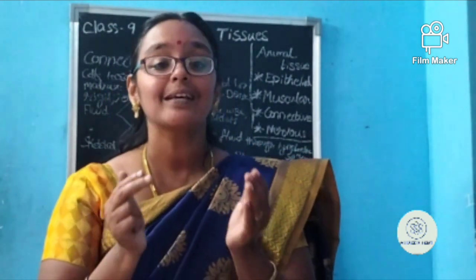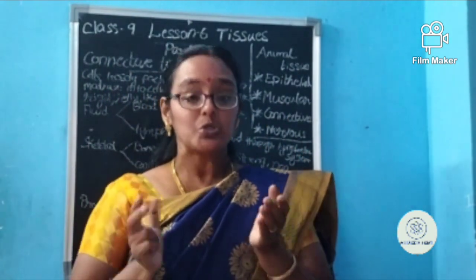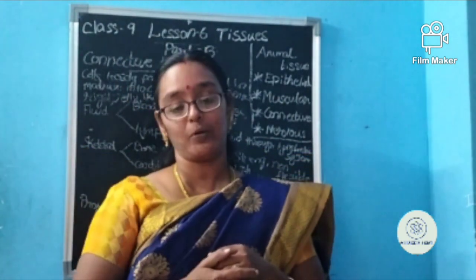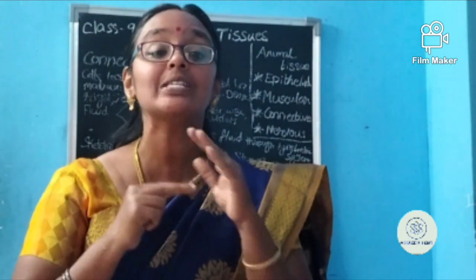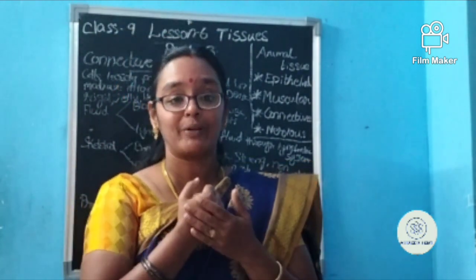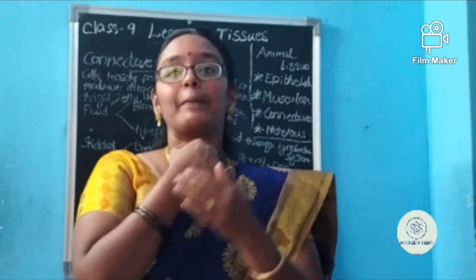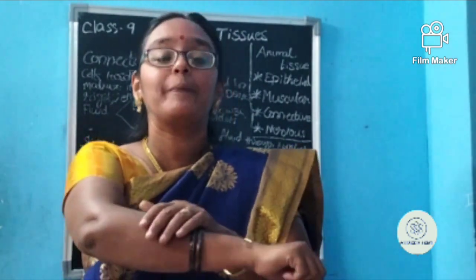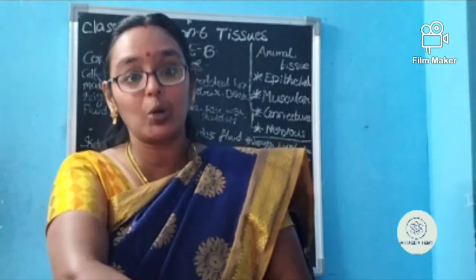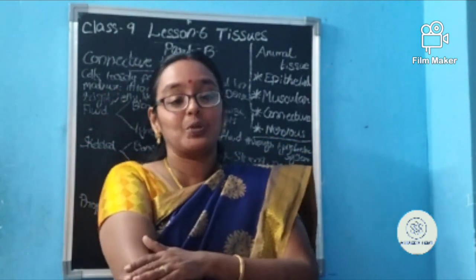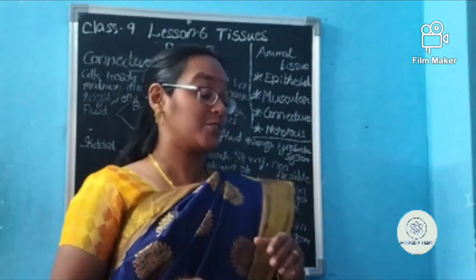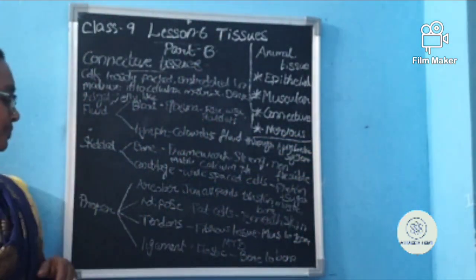Fat makes the animal much more warm. The fat gives warmth to the body, and moreover it acts as an insulator which protects the body from attack, because it is much smoother. The fat is just like a cushion. It will save what? Internal organs from attack. That's the function of adipose tissue.